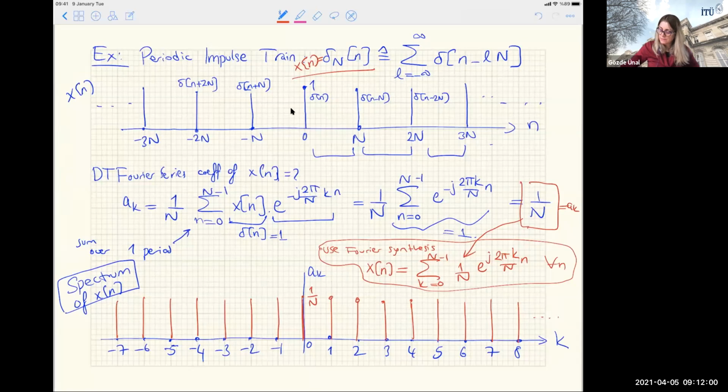The spectrum can be represented also as an infinite sum of delta functions, but let's not go to that because we know this is a periodic spectrum. So I think that should be it. That was the last example we wanted to cover.